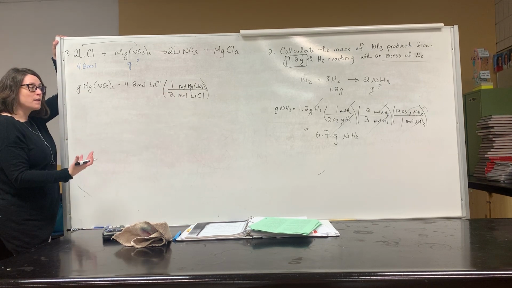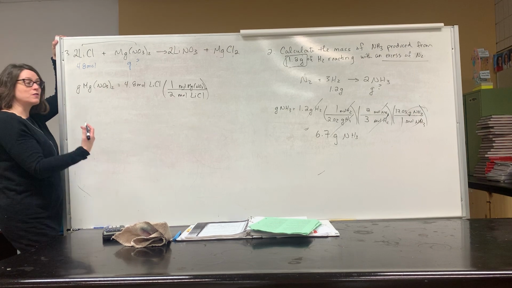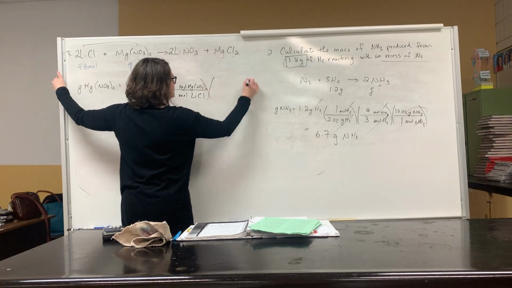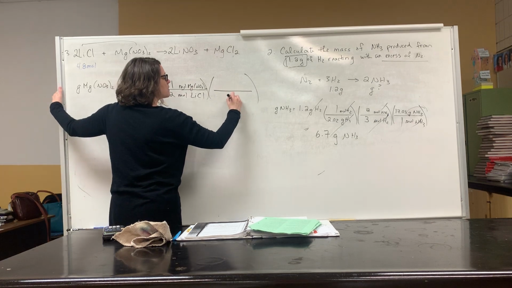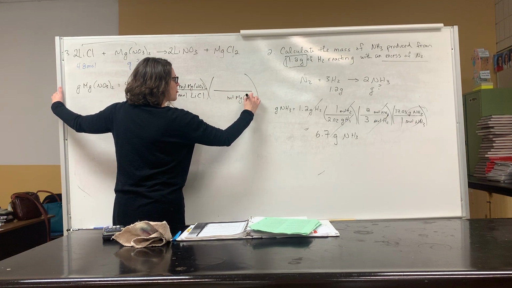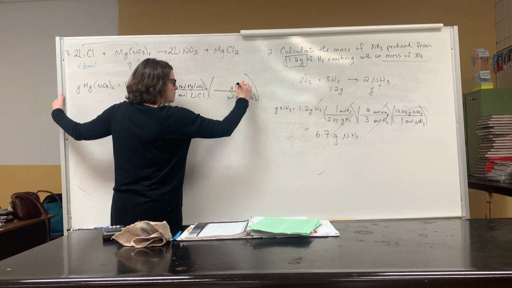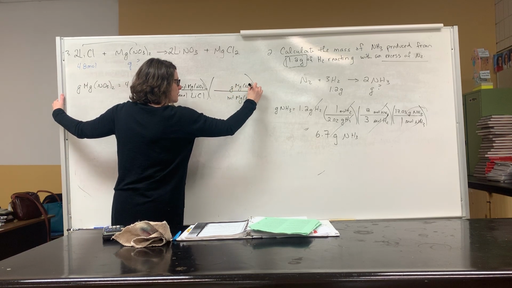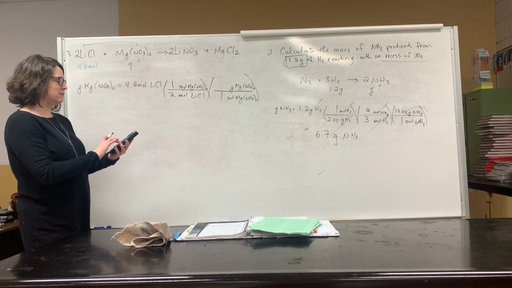So if I stop the problem right now, I'm in moles of magnesium nitrate. I want to get to grams though, so I know I need another bracket. What unit goes on the bottom? Moles of magnesium nitrate. What unit goes on the top? Grams of magnesium nitrate. In 1 mole, how many grams do I have?